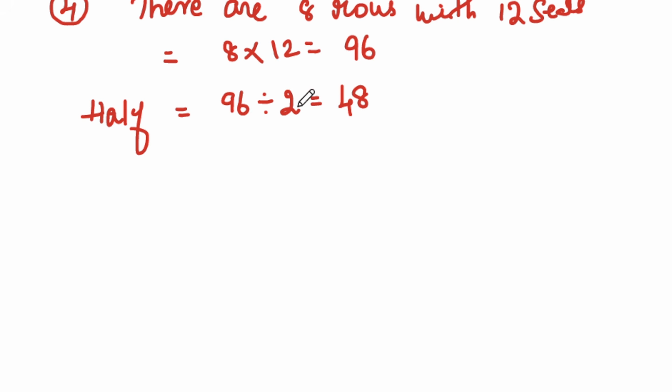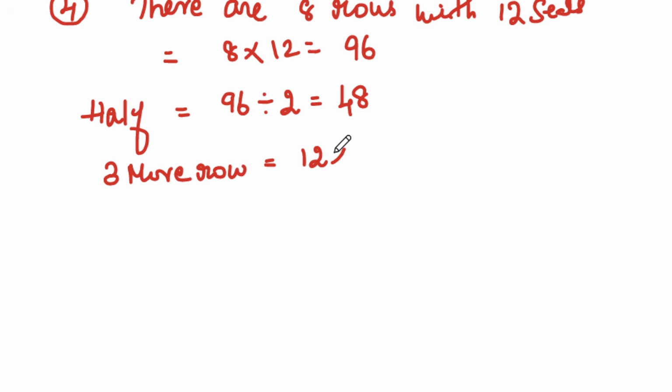So how many people are watching? 48 people are watching. The last one, 3 more rows were filled up. We already know each row has 12 seats.